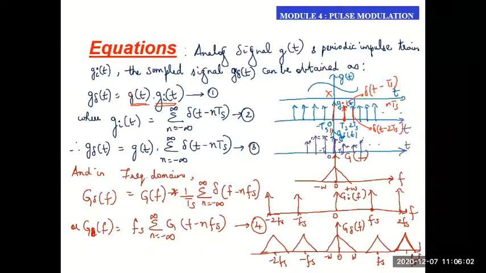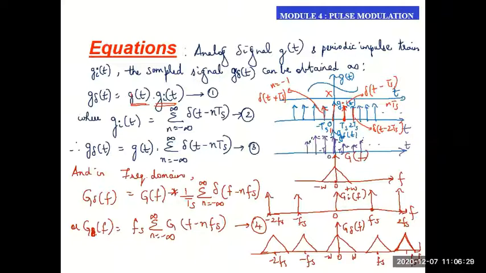So n becomes 2. And if I want a left shifted impulse, what should happen? The multiplier n becomes minus 1. So to get this impulse, n is minus 1, and you get delta of t minus of minus Ts, or t plus Ts. This one is delta of t plus 2Ts.